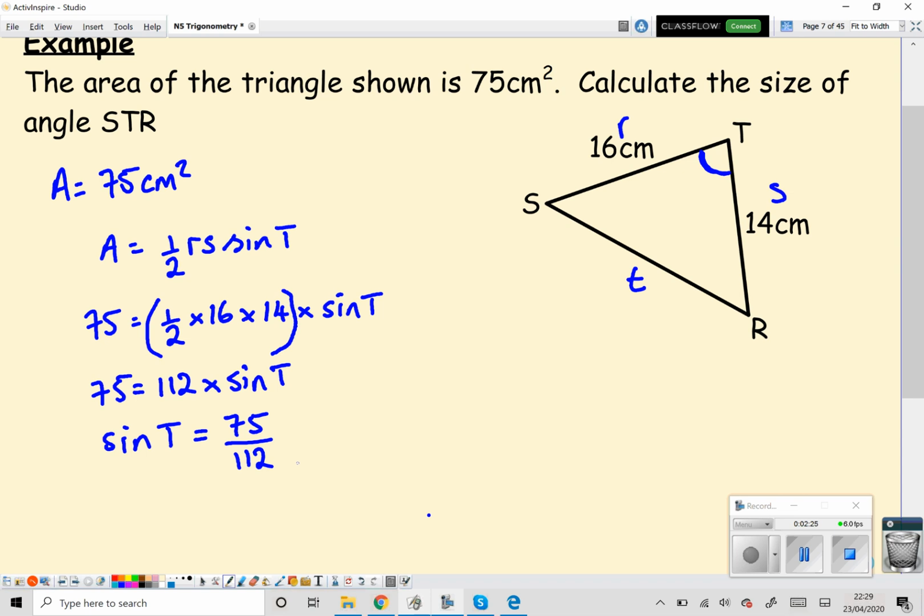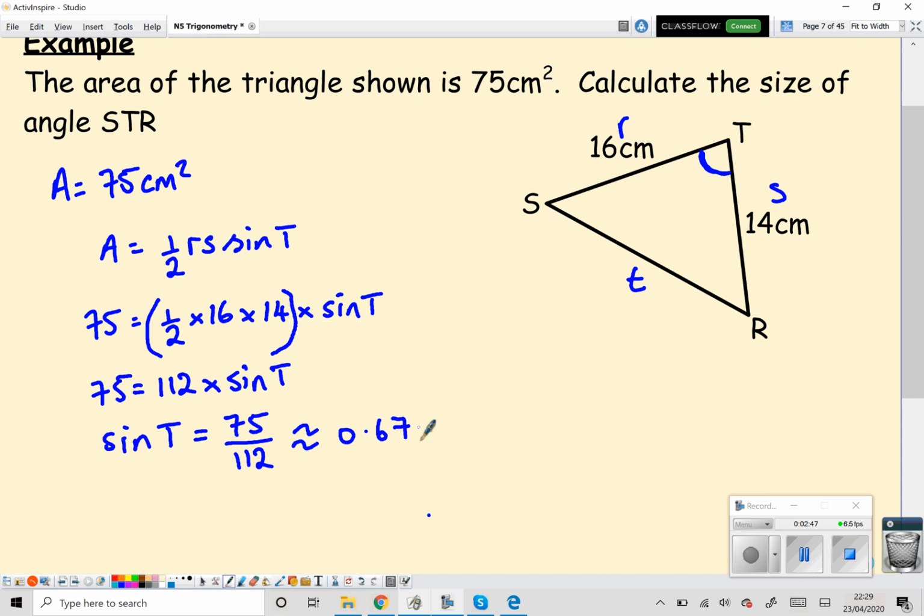Now if you were to actually look at what the decimal for 75 over 112 is, it is 0.6696, so it's roughly 0.67. That's not an angle.